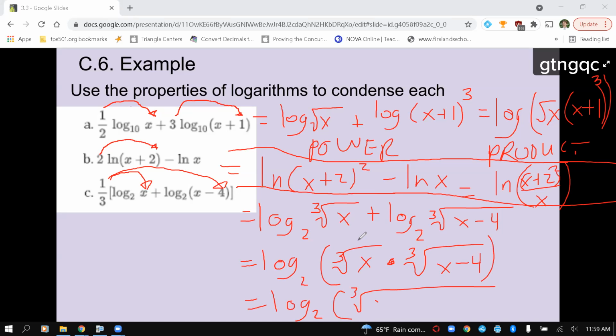I don't know. They might make you do this in WebAssign. They might not. I don't know. Have it all under 1 cube root or cube root of x times cube root of x minus 4. This is the same thing. Either answer is fine. Okay? Are we done?